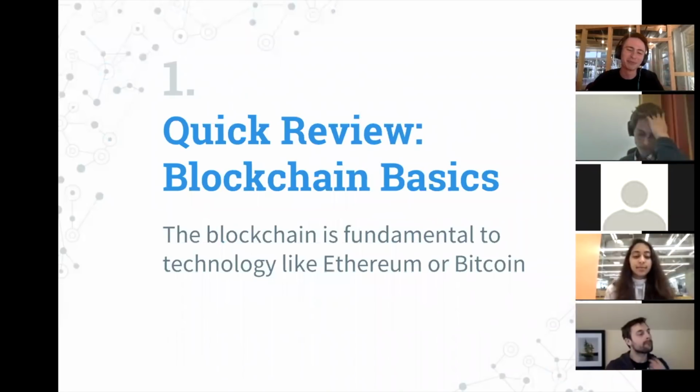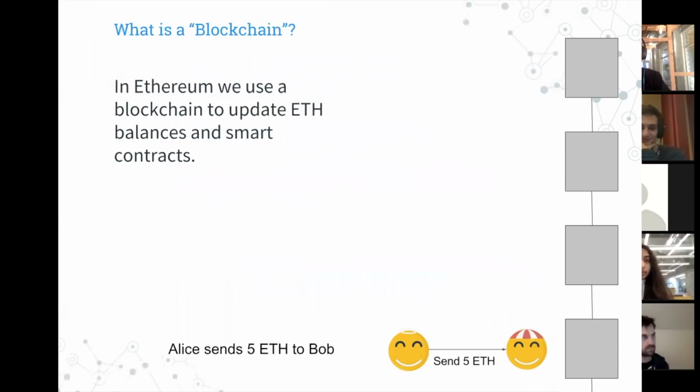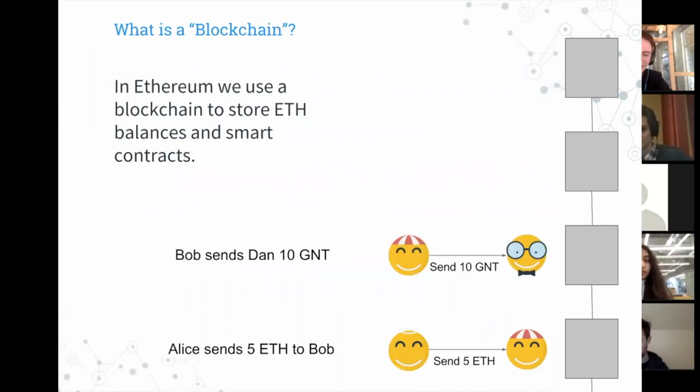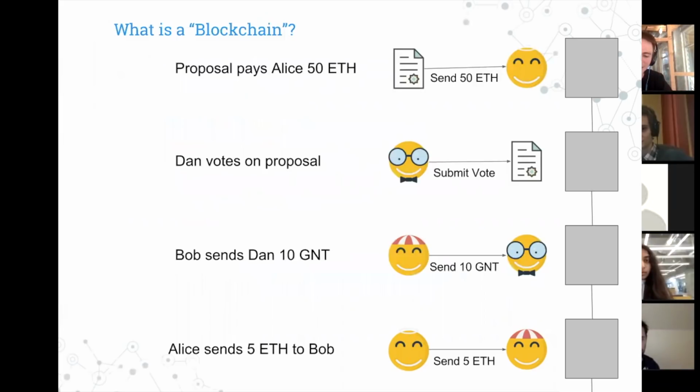So I know the people here really need some blockchain basics. I promise this will be super duper quick. So, right, we have our little blockchain, we have all the transactions, Alice sending 5 ETH to Bob, and Bob sending Dan a GNT and submitting a vote, all these things.